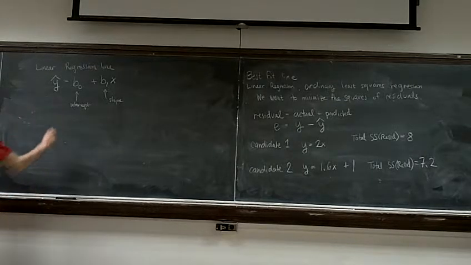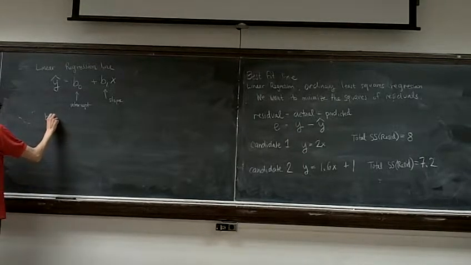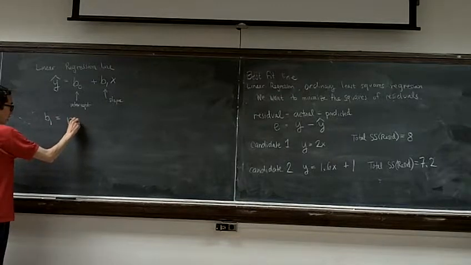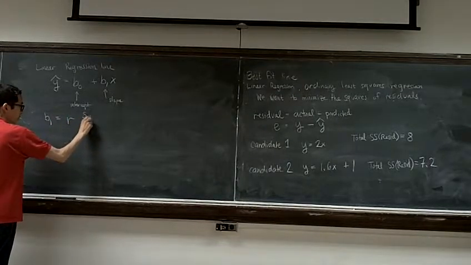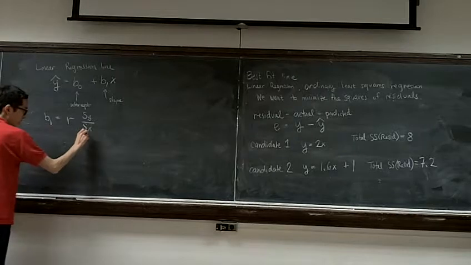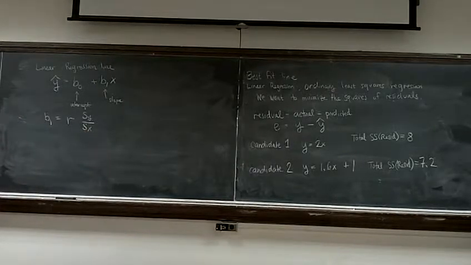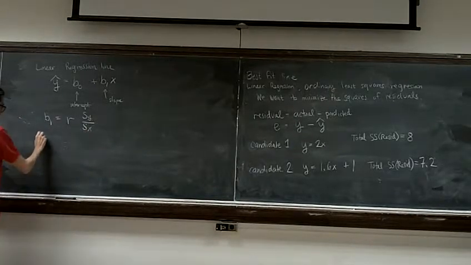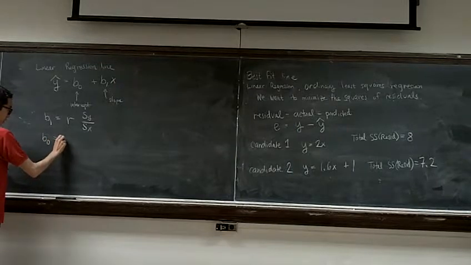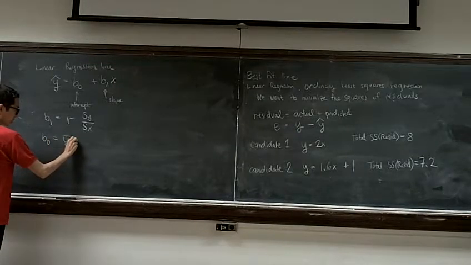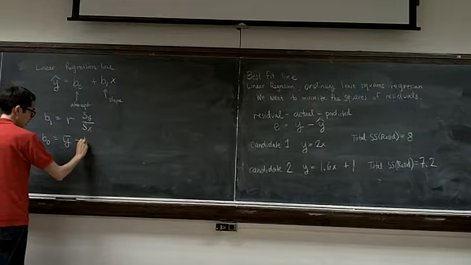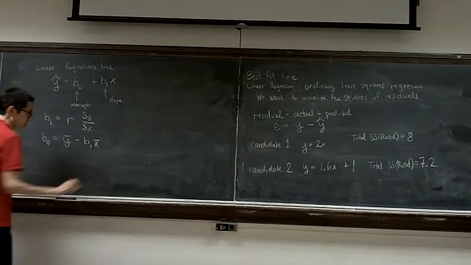You find the slope first: B1 is r times the standard deviation of y divided by the standard deviation of x. And B0 is y bar minus B1 x bar.